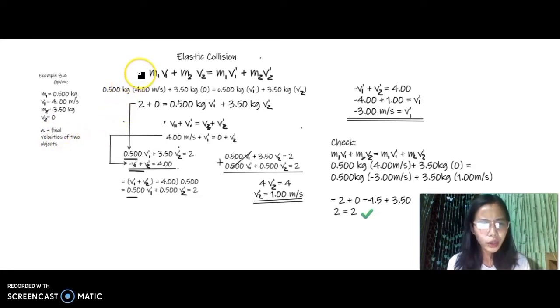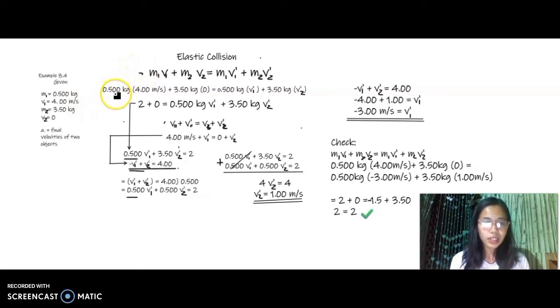In order to find that, we're going to use this formula: m1 v1 plus m2 v2 equals m1 v prime 1 plus m2 v prime 2. So we're going to substitute the given into the formula.